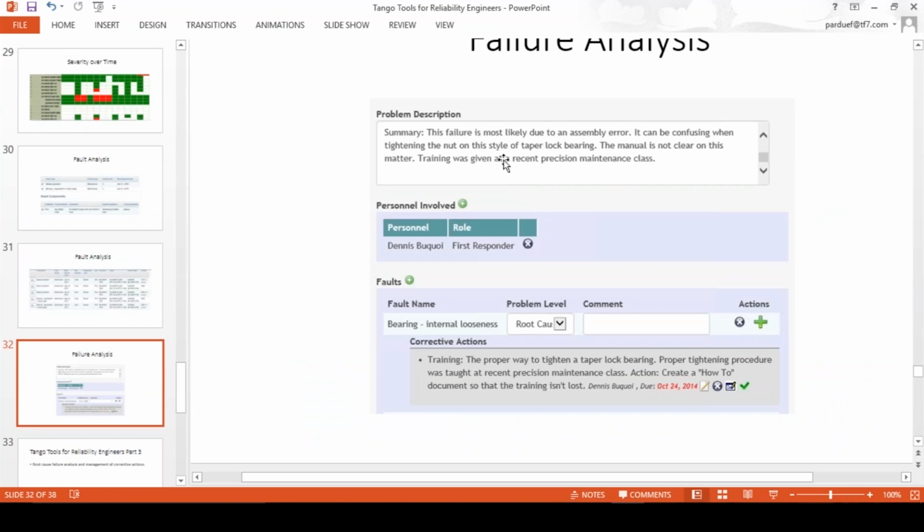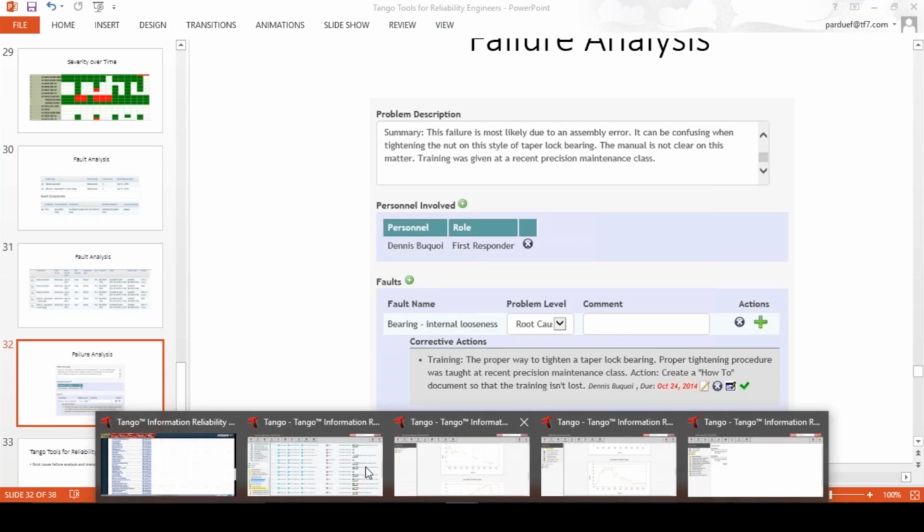They talked about the failures most likely being due to the assembly area. It can be confusing to tighten a nut on this style of taper lock bearing. And then they did a root cause corrective action to do better training and a how-to procedure. So they're on top of it: not only did they find the problem, but they asked how do we prevent this problem from happening in the future. All right, so let's look at how I get to that.